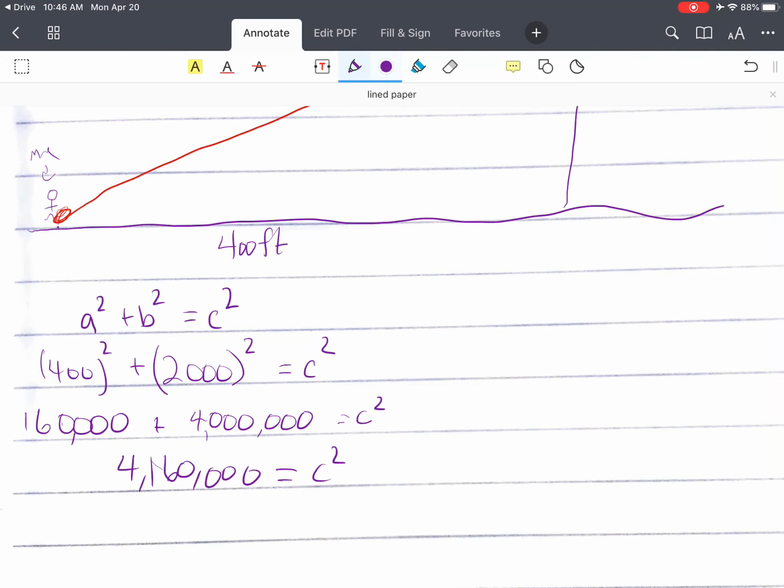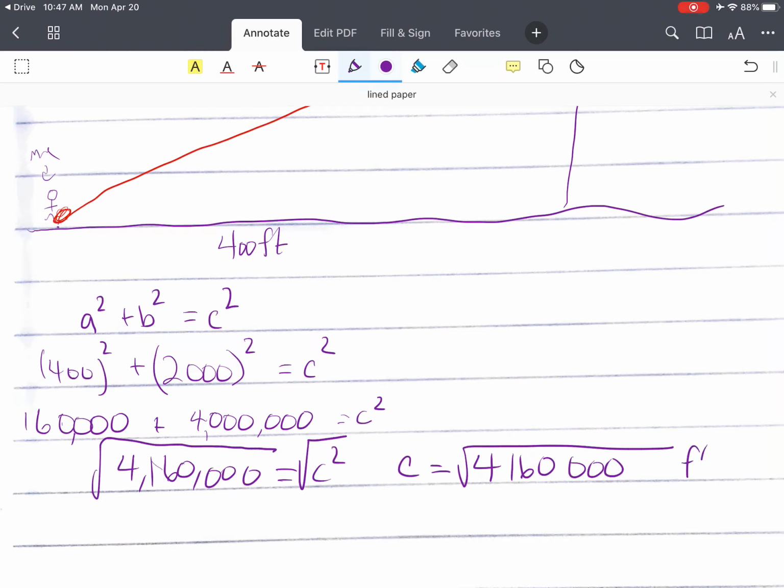Now, a number times itself equals 4,160,000. So you're going to have to do the opposite or the inverse of raising something to the second power, which is rooting. So then C, the length, is going to be root 4,160,000.